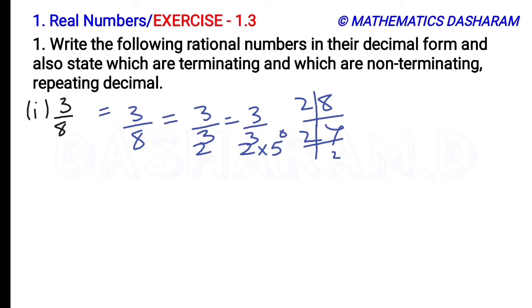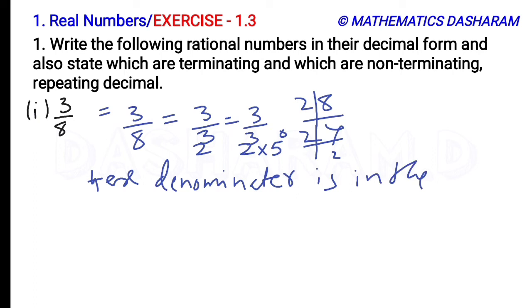So 1 into 2 cube is 2 cube, which equals 8. Now here the denominator is in the form of 2 to the power of n into 5 to the power of m. So then definitely 3 by 8 is a terminating decimal.